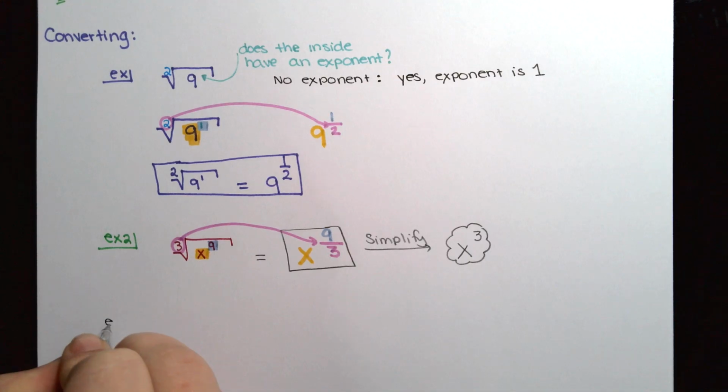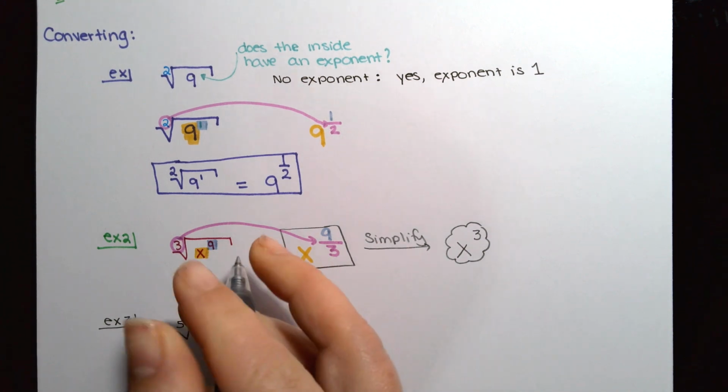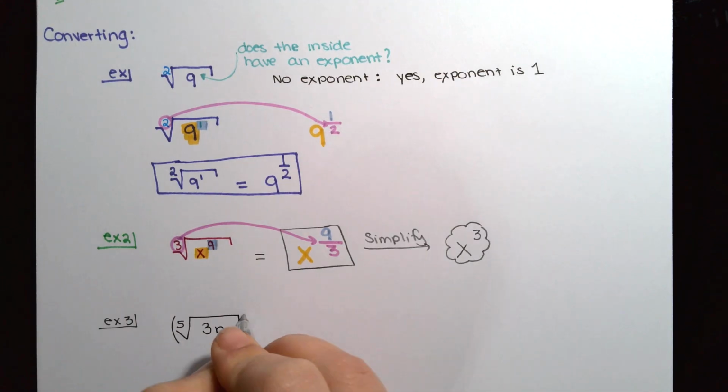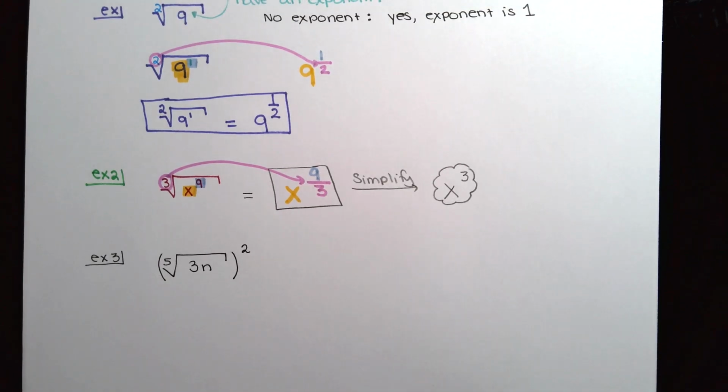Now, sometimes what they'll give you is, let's say, the 5th root of, now let's do 3n. And then all of this is going to be raised to the 2nd power. Now, a little bit different. So let's take a look at example number 1. Example number 1 had numbers.